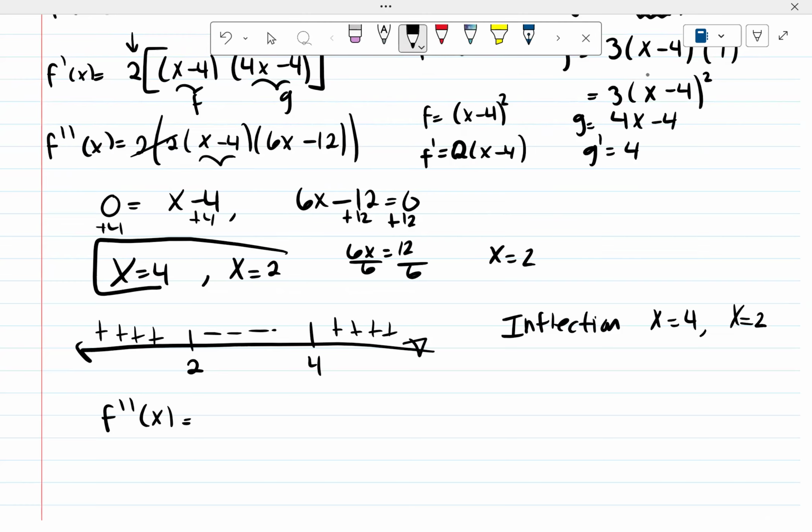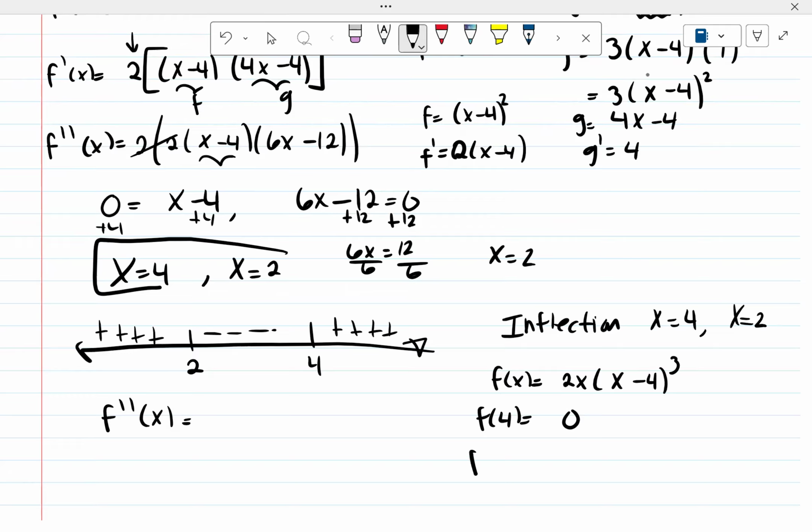Now, an inflection point is actually on coordinates, so we got to find the y coordinate. So what we got to do is plug in these x values back into your original function. So f of x is equal to 2x times x minus 4 to the third, right? If I plug in 4, that should give me 0.